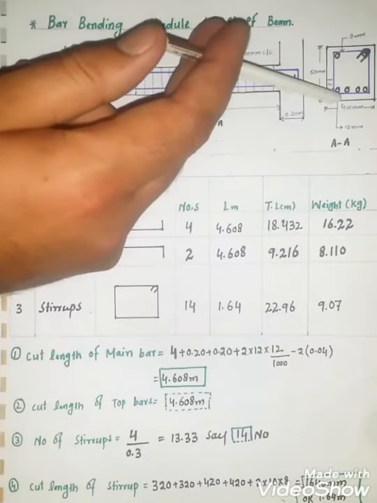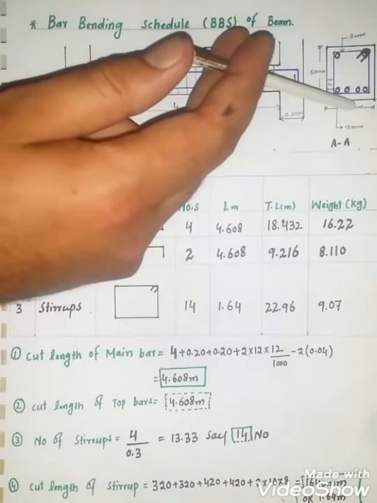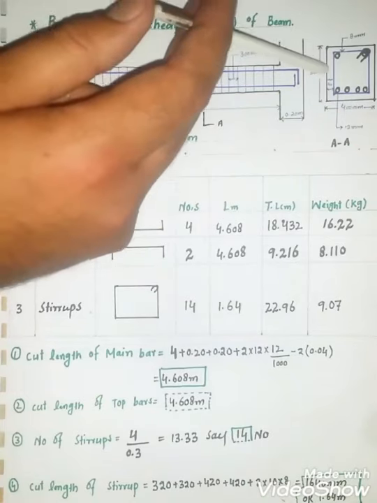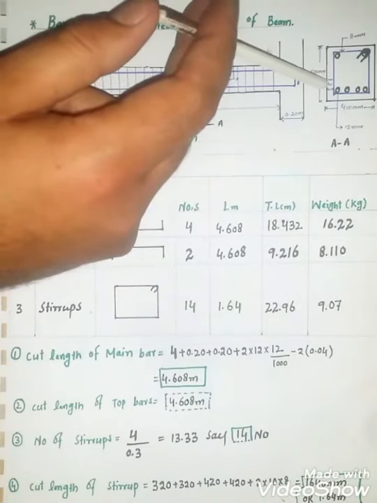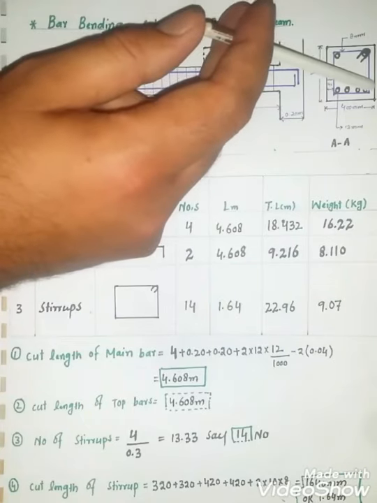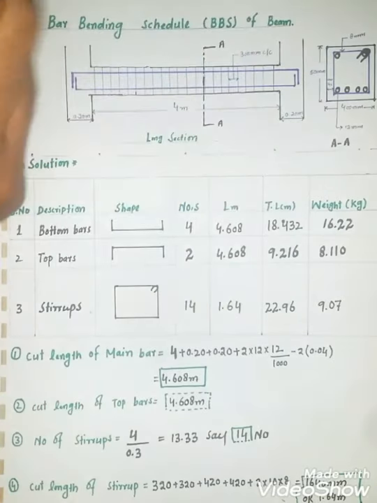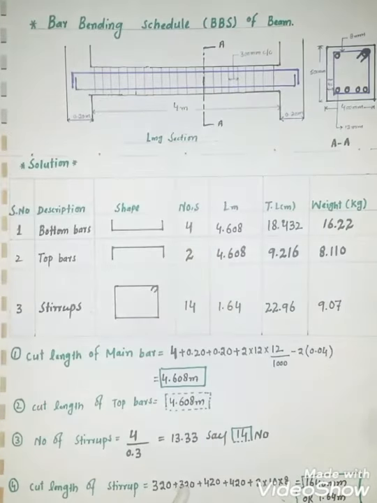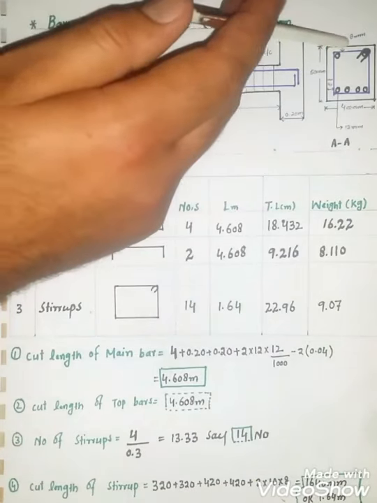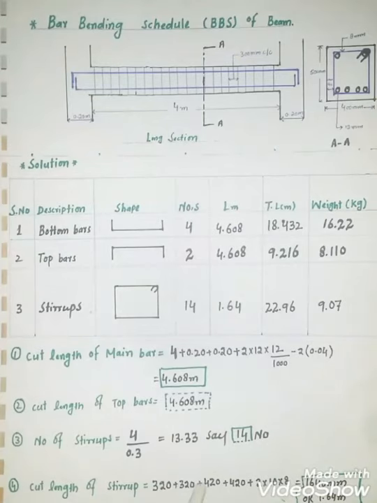The breadth of the beam is 400 millimeter. I am subtracting the clear cover 40 millimeter from this side and 40 millimeter from this side. This is for this side, plus 320 millimeter from another side, plus 420.